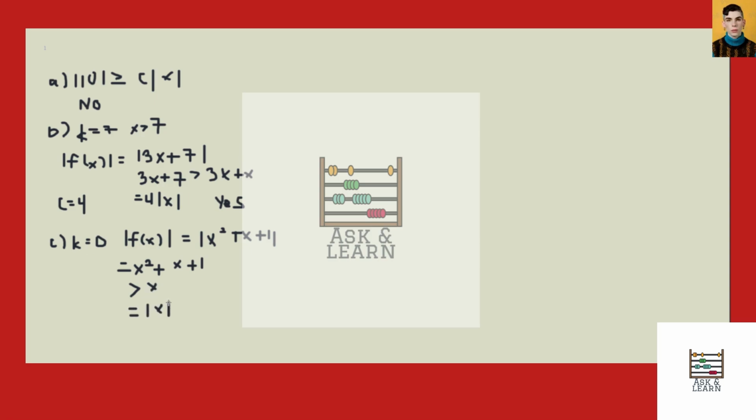So c has to be at least 1. So c equals 1. So by the definition of the big omega notation, f of x is omega of x with k equals 0 and c equals 1. But since it is not O of x, it is not theta.